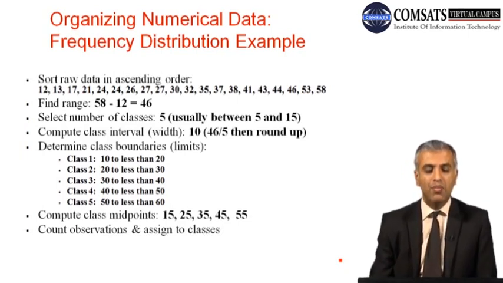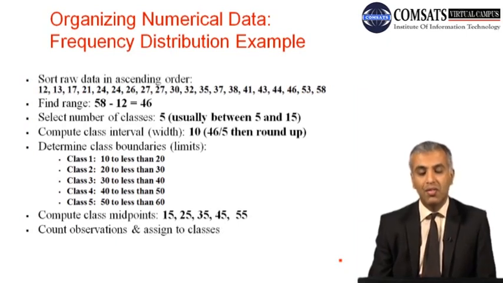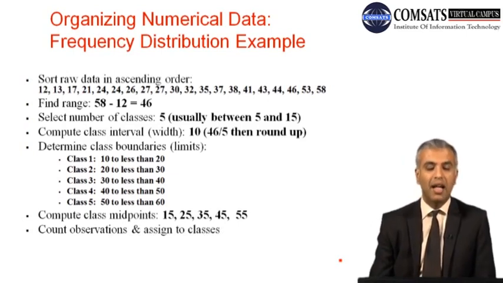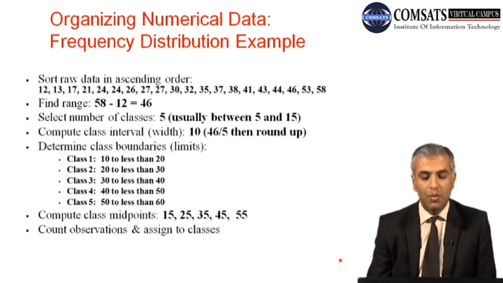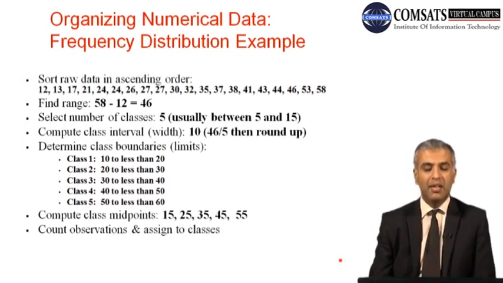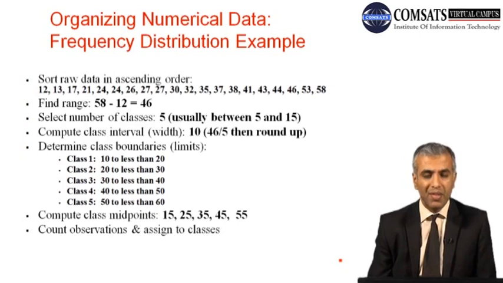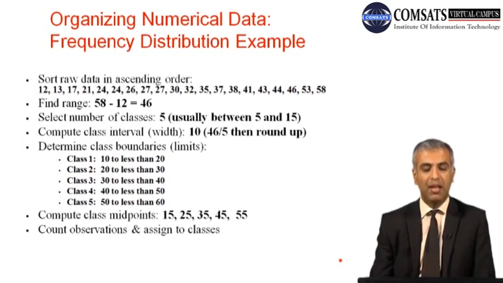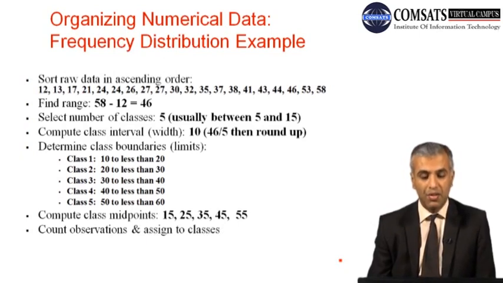Now, in order to define the limits, as we have defined the class interval, we can easily say that for class 1 the limit starts from 10 to 20, and then in class 2 it is from 20 to 30, and onwards up to class 5, which ends from 50 to 60.